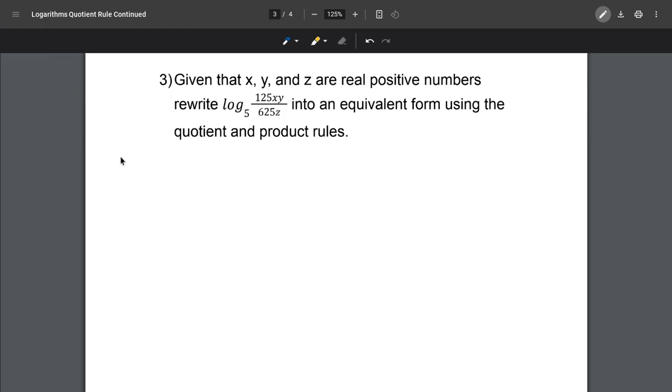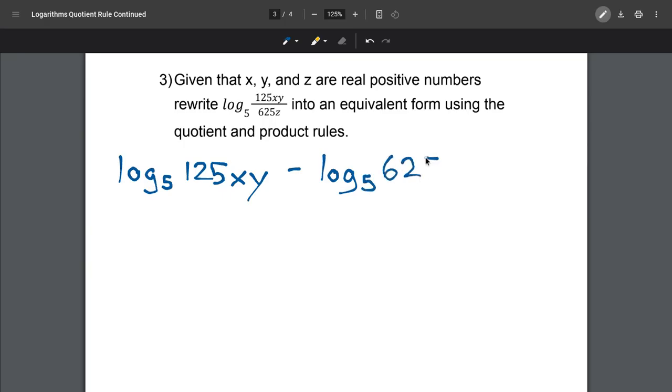So let's start with the quotient rule. So we're going to do log base 5 of 125xy and then subtract log base 5 of 625z. Okay, so let's now use product rule here.